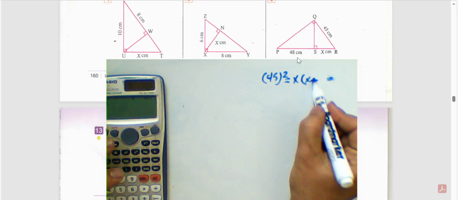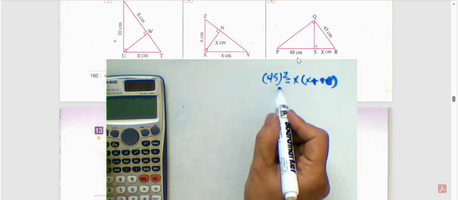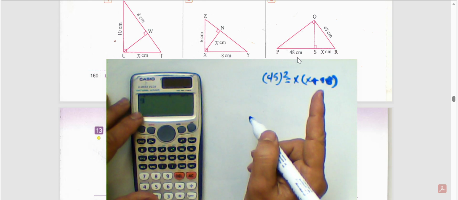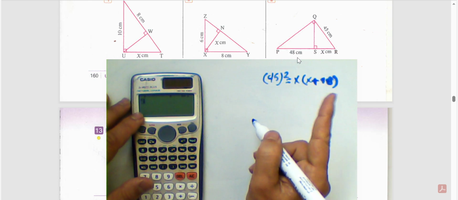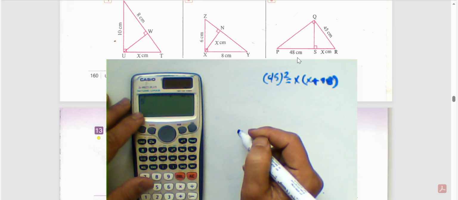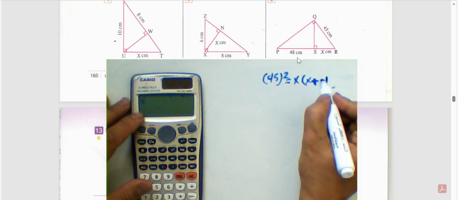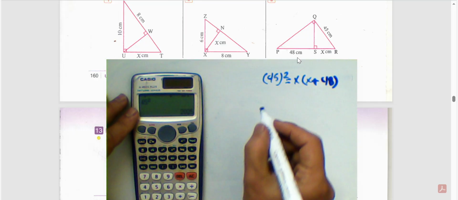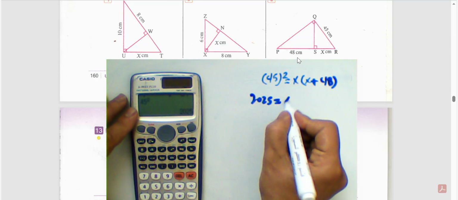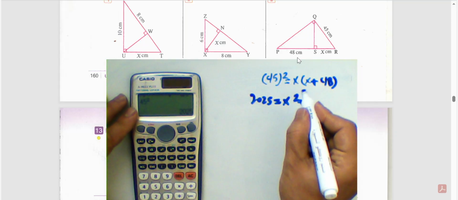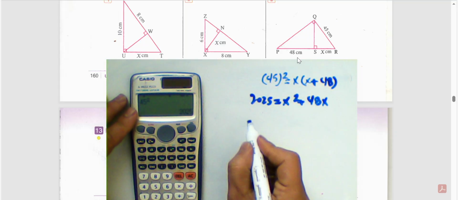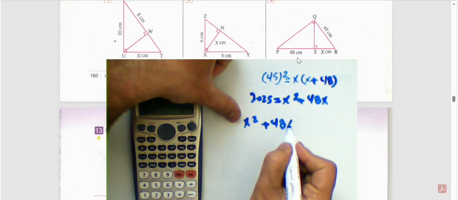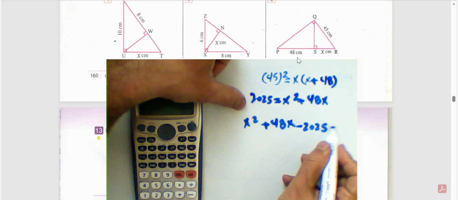You know the steps again. 45 power 2 equals x times the sum of x and 48, and then we can solve this equation. 45 power 2 is 2025 equals x times x, which is x power 2, and x times 48 will be 48x. We can factorize x by using a calculator. X power 2 plus 48x subtract 2025 equals 0.